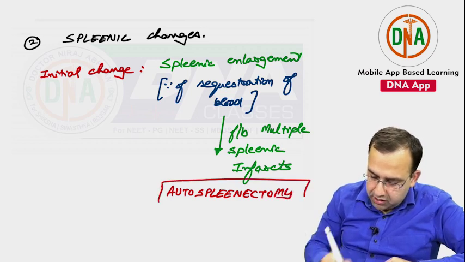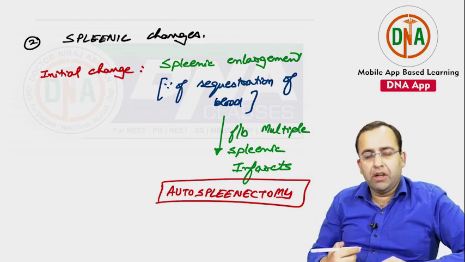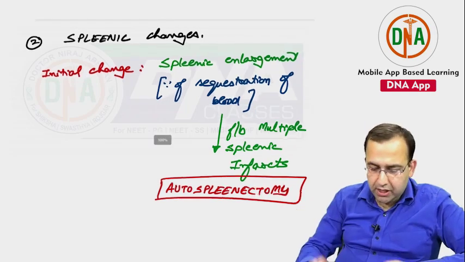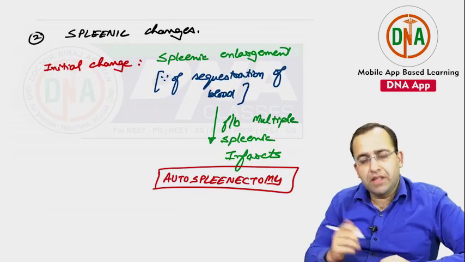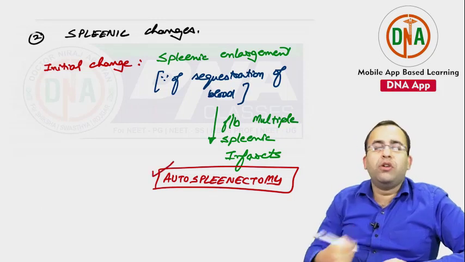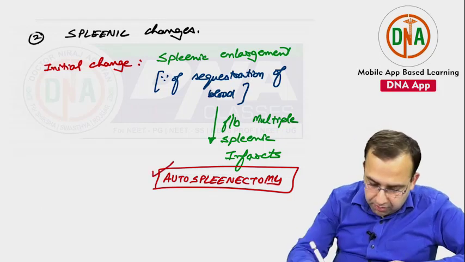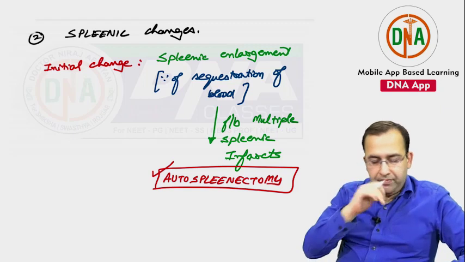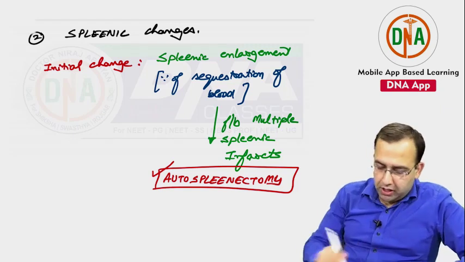So the first word which should come to your mind when somebody talks of splenic changes associated with sickle cell anemia is autosplenectomy.